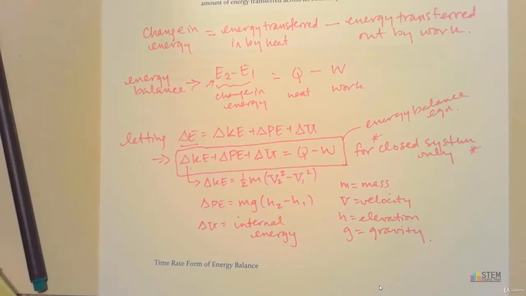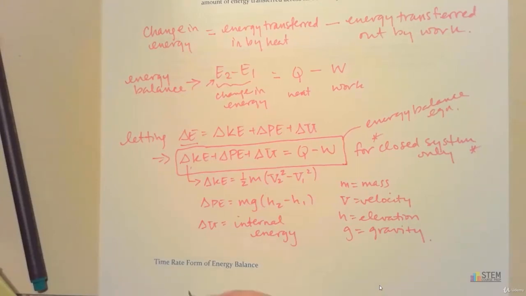Now, there's a time rate form of energy balance. Let's write down what that is. This is where we have dE over dt, the time rate of change of energy, that's going to equal Q dot minus W dot.